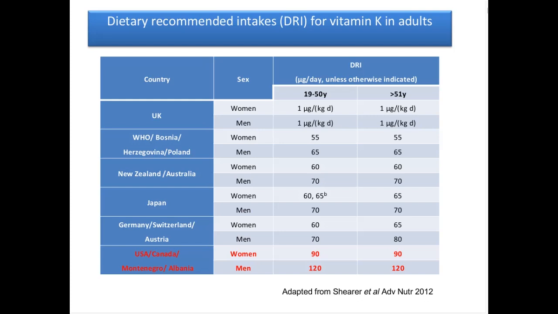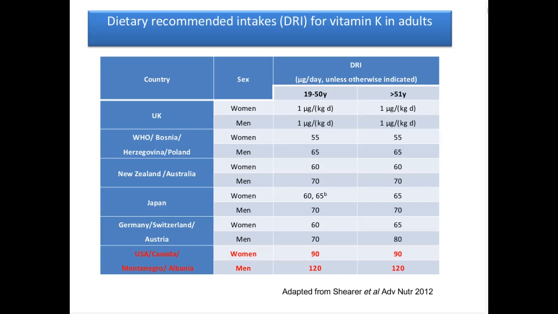So when we refer to vitamin K intakes, we generally refer to them in response to what people consume from the green leafy vegetables and oils. So in the United States, the recommended intake for women is 90 micrograms per day, and for men it's 120. But as you can see, other recommendations, for example, the WHO recommends 55 micrograms per day for women and 65 micrograms per day for men. And this wide range simply reflects the fact that we do not have the rigorous criteria by which to determine recommendations.